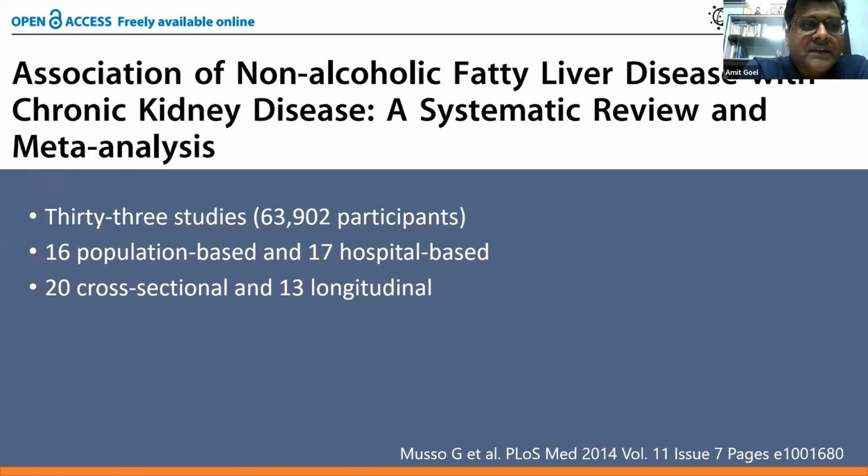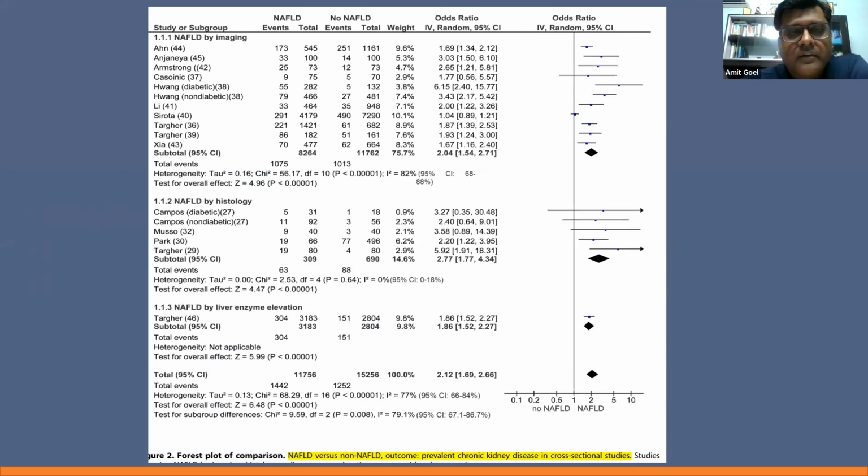And again, the data, how strongly they're supported. This meta-analysis was published in 2014, which included 64,000 participants, 16 population-based studies and 17 hospital-based studies. It is interesting to see that fatty liver disease is diagnosed in three ways: by imaging, either ultrasound or CT scan, by histopathology, and by ALT-AST, which suggests NASH.